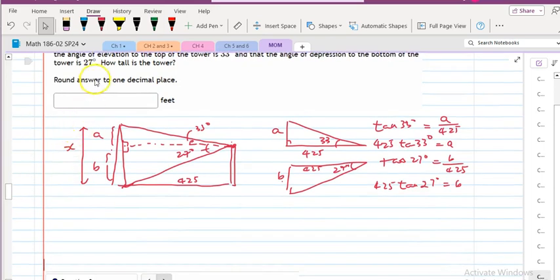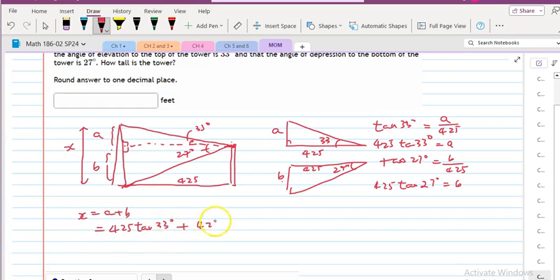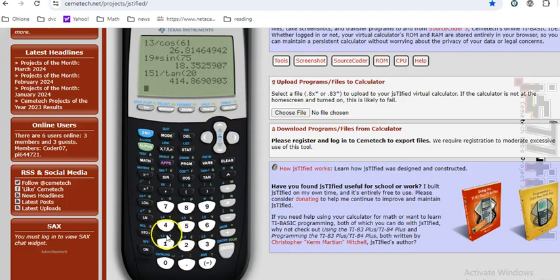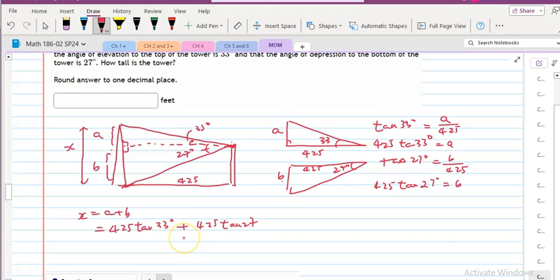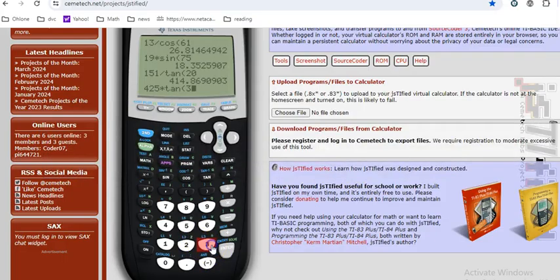So what is the total building height? Height is actually A plus B, so I will just add them together: 425 tangent 33 plus 425 tangent 27. Put it in the calculator: 425 times tangent 33, plus 425 times tangent 27.